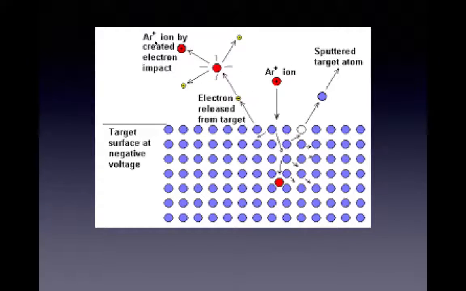In the plasma state, argons become charged and become argon ions, and then the positively charged argon ions are attracted to the negatively charged target surface, which they collide with, and this in turn causes the sputter target atoms to come off.